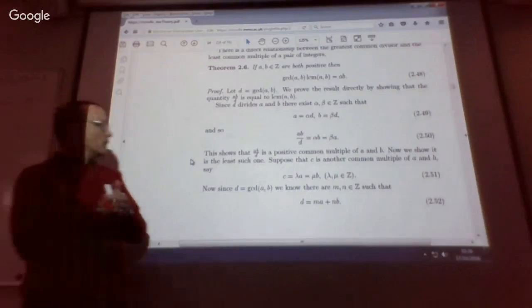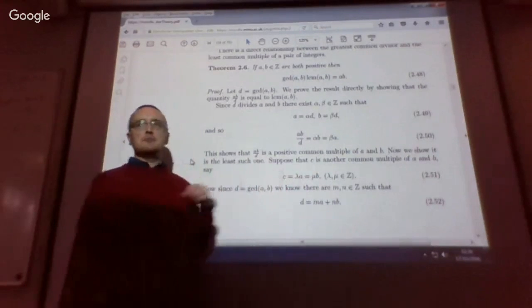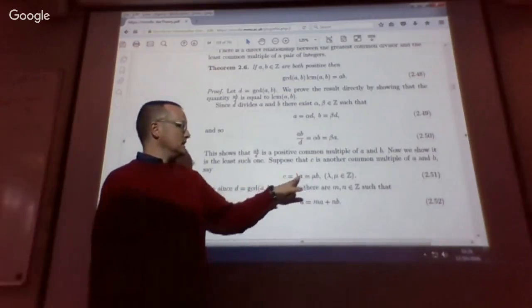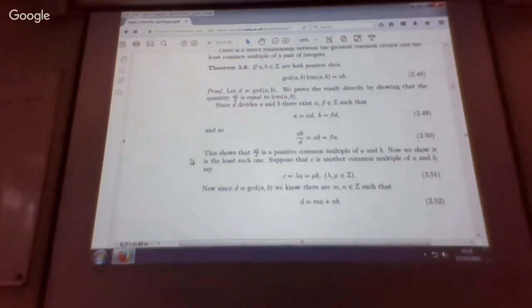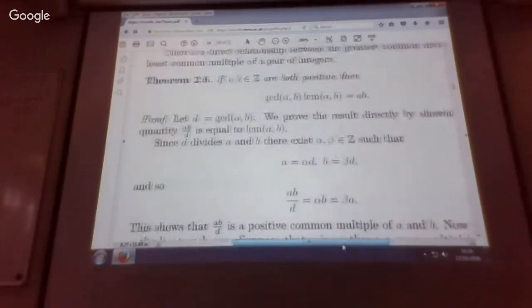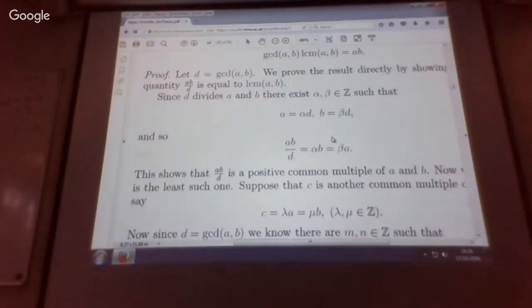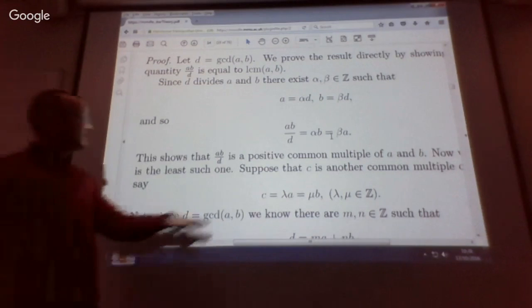So how do we do that? Well, the property that this number C has is that it's a common multiple of A and B. So I just want to name the associated factors. So I say C is equal to a lambda times A, and C is also equal to a mu times B. So C is a common multiple.